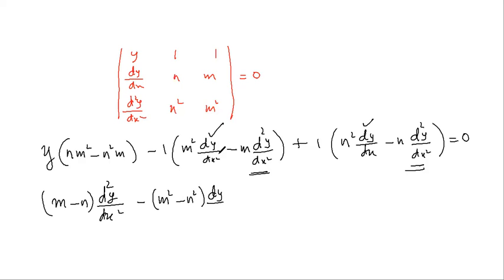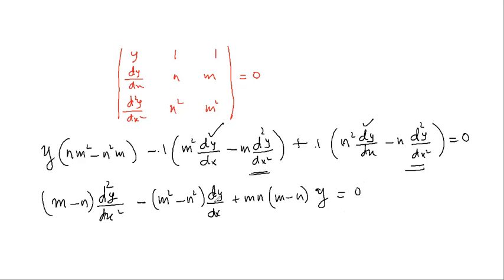Check whether you are understanding. This m square had a negative sign, this n square had a positive sign, but I took a minus common. Then the constant term. What is common here? nm, into (m minus n) into y equal to 0.